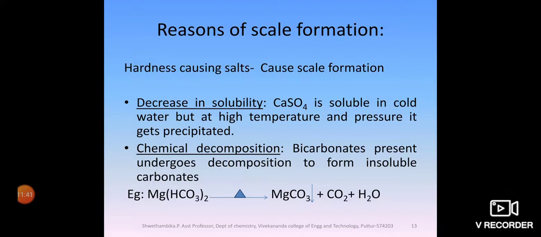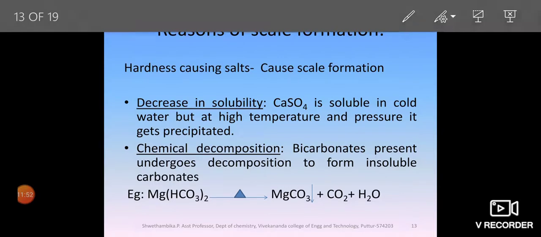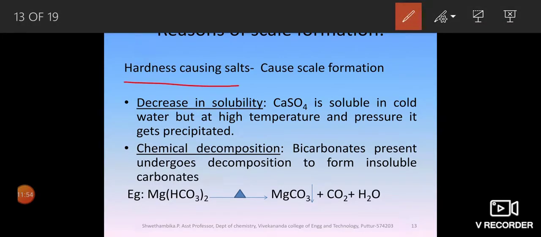On the broad view we have seen the theoretical explanation. However, how exactly chemically or by reactions the scale is going to be formed, we will be seeing here. Now here one point to be remembered is mainly the hardness causing salts are the reason for scale formation. Hardness causing salts might be familiar from your lower classes.